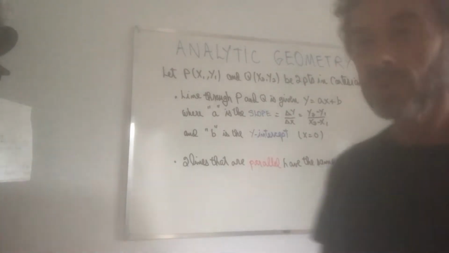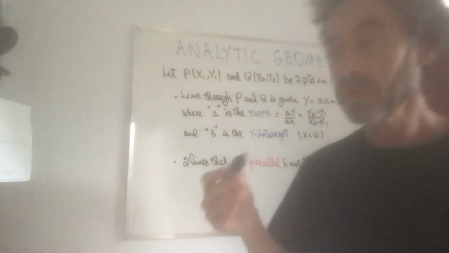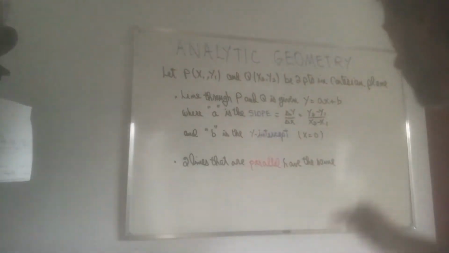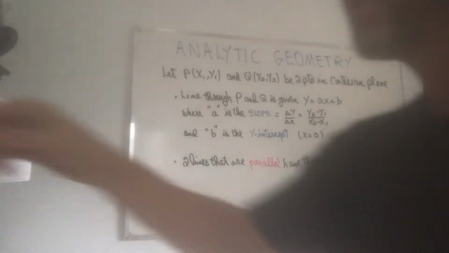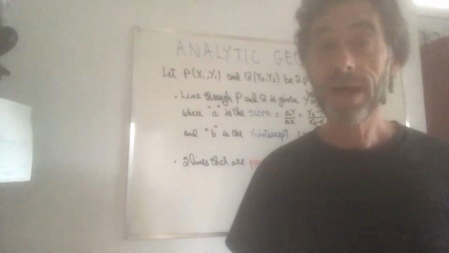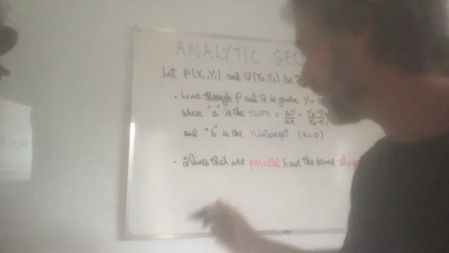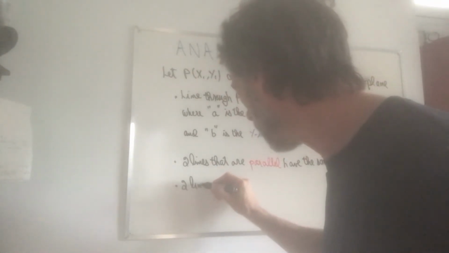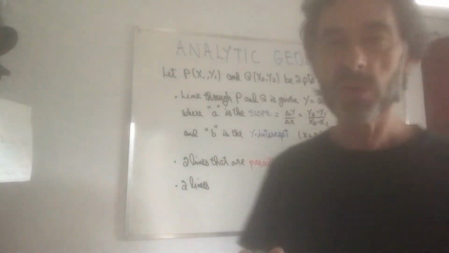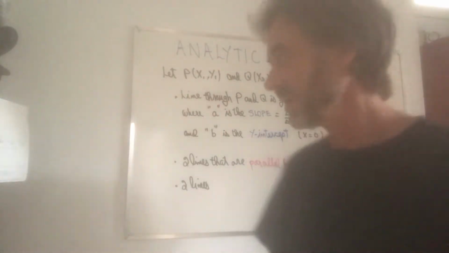You know this. Two lines that are parallel share the same slope. That is correct. Absolutely. And I guess I'm pretty easy to read. It's easy to figure out what I'm going to say about the next here, because if we talk about parallel lines, we should also talk about perpendicular lines.